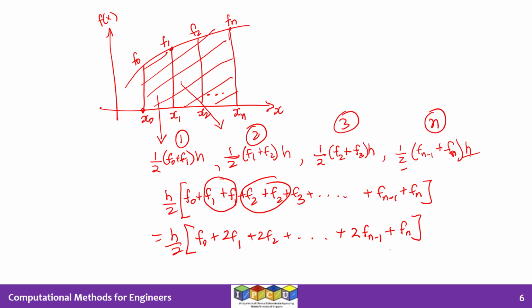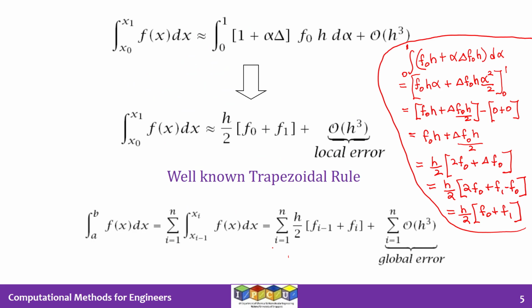The last data point and the first data point form only part of one trapezium. So this first data point will be only in the first trapezium. This last data point fn will be only in the last trapezium. So this is what you get. This is exactly what you see here. Kindly expand this from i is equal to 1 to n and you will see what I mean.